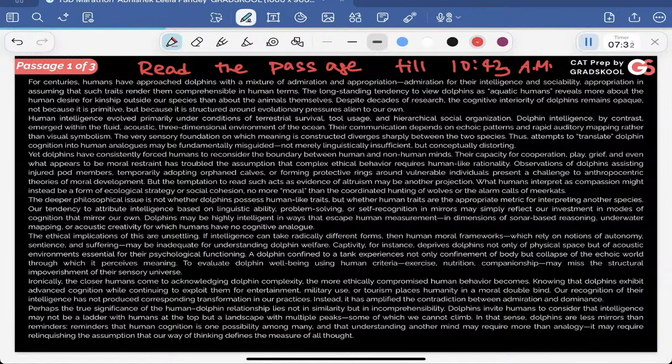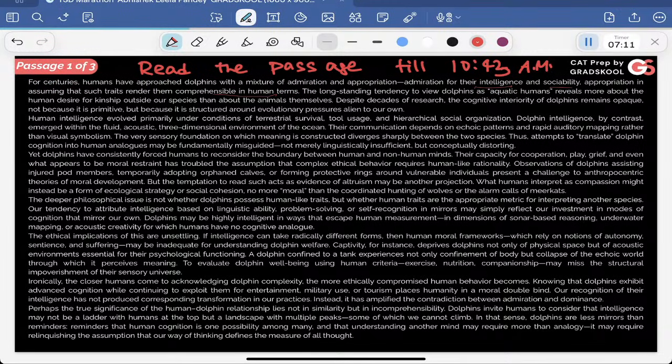So here we go. For centuries, humans have approached dolphins with a mixture of admiration and appropriation. Admiration for the intelligence and sociability; appropriation is in assuming that such traits render them comprehensible in human terms. It seems the traits can be comprehensible to humans also, because we also feel intelligence and sociability.